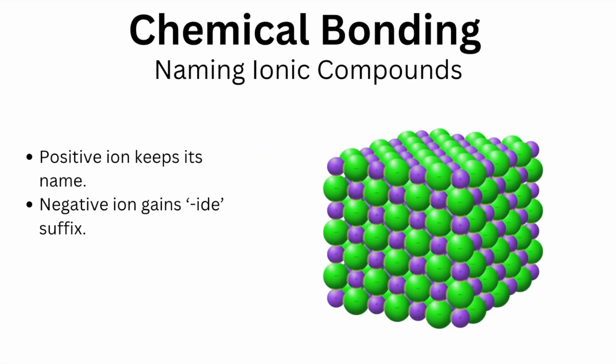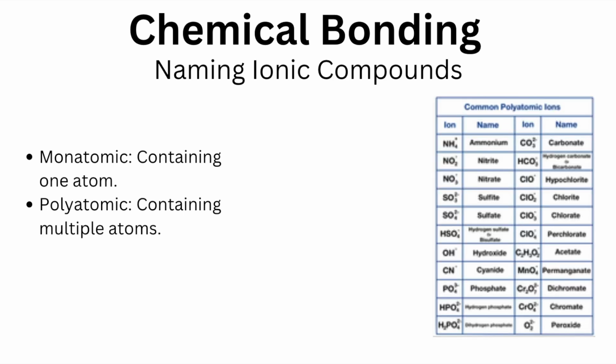Naming ionic compounds. The positive ion keeps its name and the negative ion gets the "ide" suffix, hence sodium chloride, or magnesium oxide. Also, elements have variable valencies such as copper, iron, or lead. For these, you have to put the Roman numerals in brackets next to them to specify. What we've looked at so far are monatomic ions, meaning it is an ion of one atom.